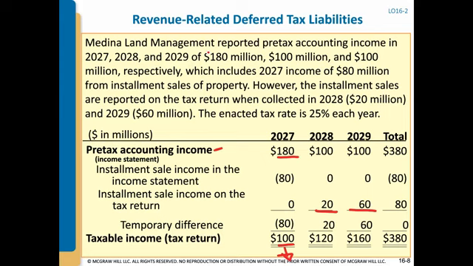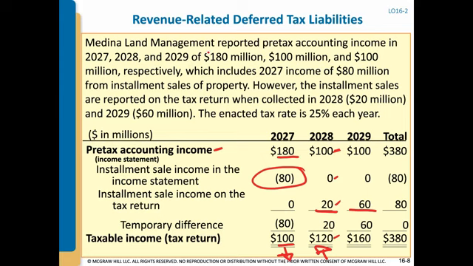So in 2028, I have my pre-tax accounting income of 100. The installment sale for financial reporting purposes is 0 because it was all recognized in 2027. But I'm going to recognize $20 million of revenue on my tax return, and so my taxable income is going to be $120 million, higher than the pre-tax accounting income of 100.